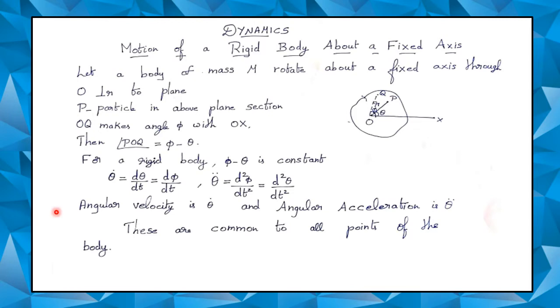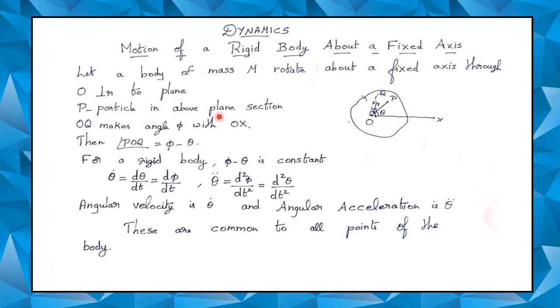Now we can go into the topic, that is motion of a rigid body about a fixed axis. Suppose m is the mass of the body, and it rotates about a fixed axis through a point O perpendicular to the plane.